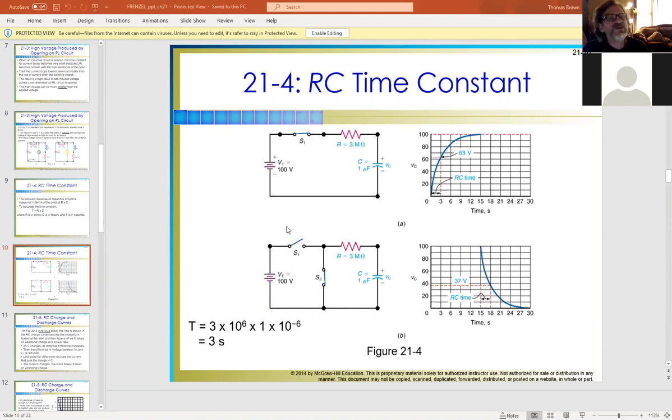But if you open the switch for a capacitor like that and don't give it somewhere to bleed, it will hold that charge for an indefinite amount of time. So what we have to do is put in a secondary switch here. You'll see switch S2. We put that in there to give the capacitor a path for discharge, a complete circuit to ground so it can discharge.